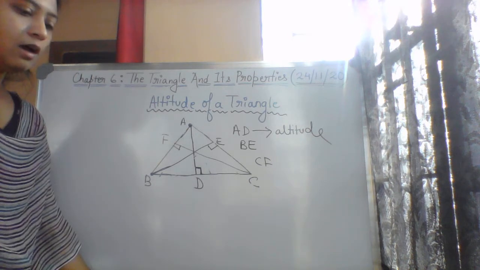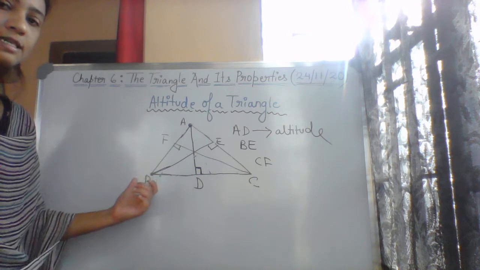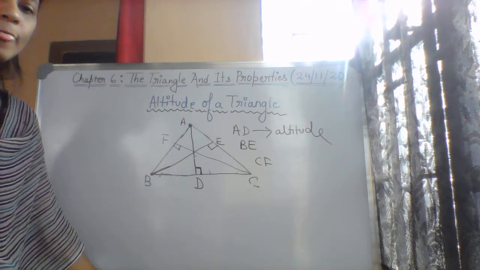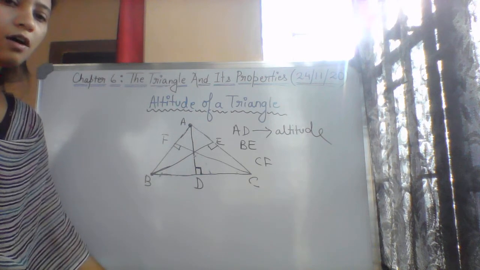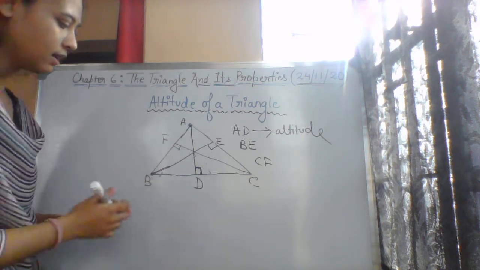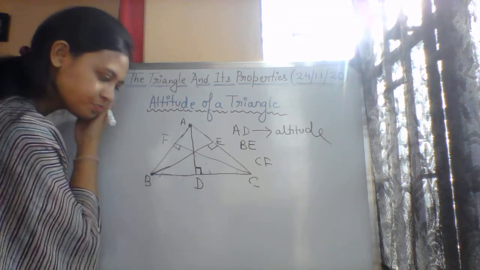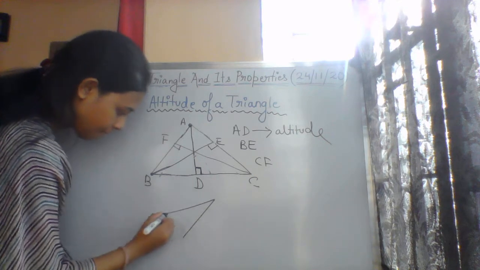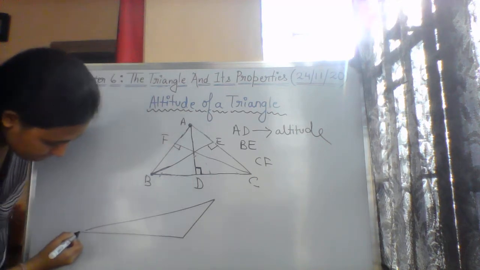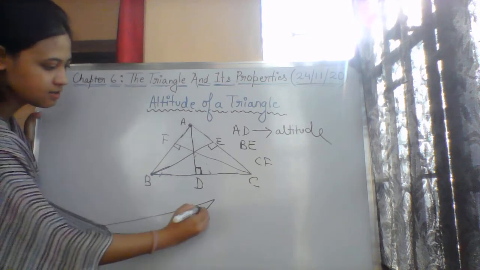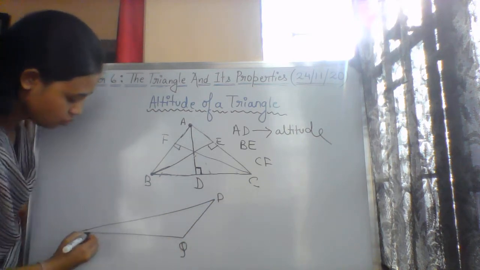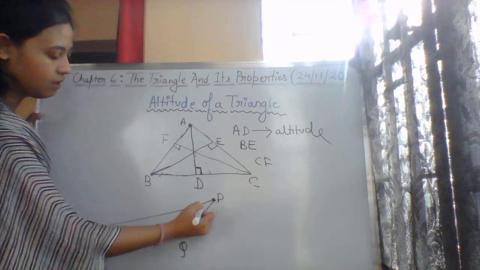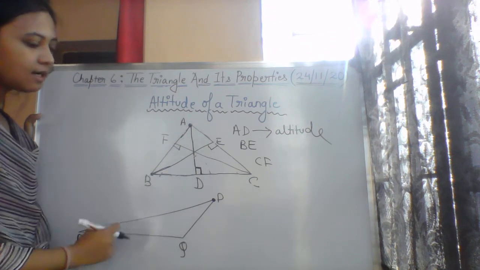Next, you have learned what is the exterior and interior of the triangle. So altitude always lies in the interior of the triangle, or it can lie in the outside of the triangle. If I give one, I am having a triangle like this, P, Q, R. I am going to calculate height from this vertex P. So what is the vertical height?